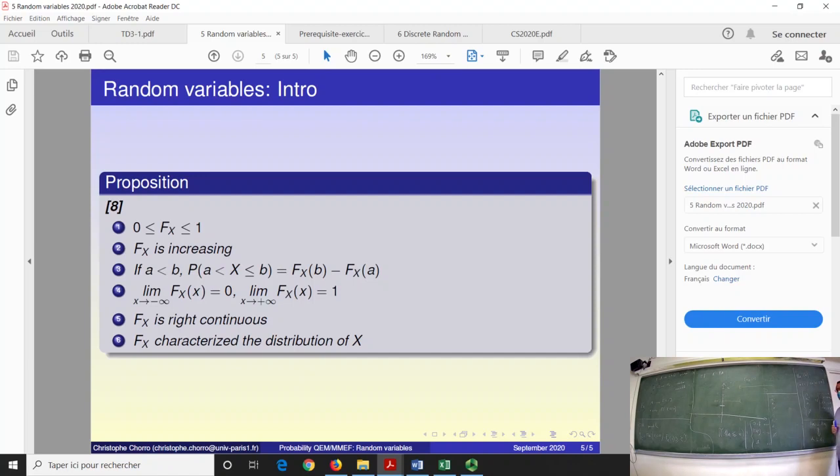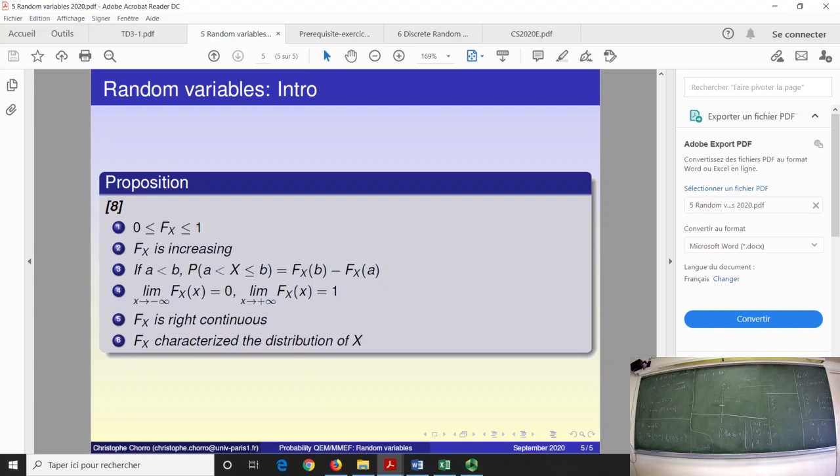I have said also that when we have a decreasing sequence of sets, the probability of the intersection is equal to the limit of the probabilities. These two statements may be used in order to prove that 4, 5, and 6 are okay, and you have the complete proof, I repeat, in the document on my web page, where you have the proof of the proposition that I want to do in class together.